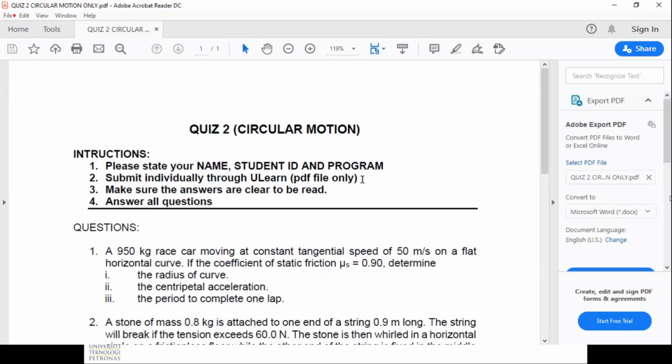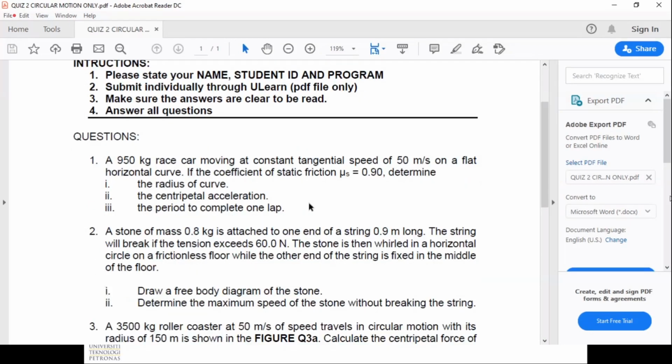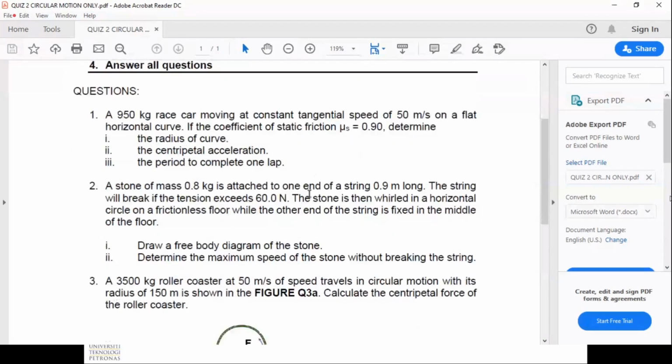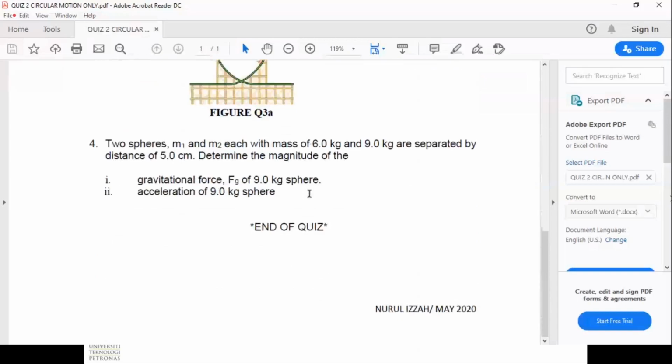If you are using pencil, make sure to have your answer for submission in pen, because I cannot see some of the answers for test 1. So please help me on that, and make sure the answers are clear to read. Answer all questions before you submit. Make sure not to leave it as a draft. I will share this through our WhatsApp group, so please wait a bit. I'm giving you time until 6:30, so please submit within time.